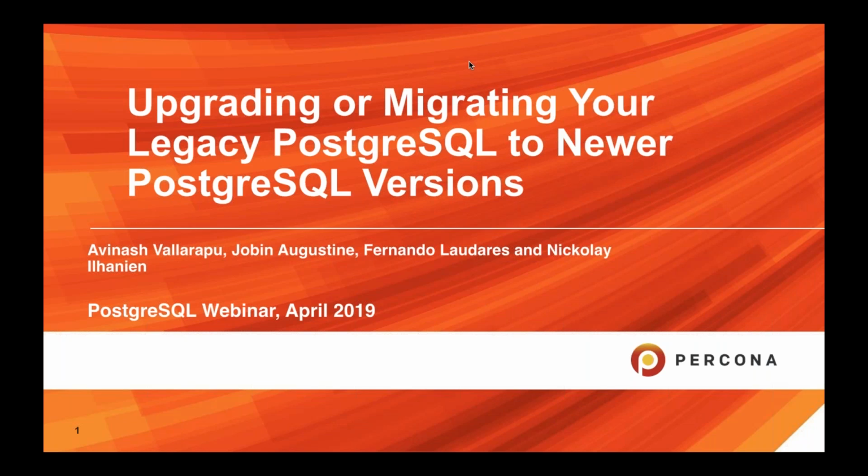Another key point is that the newer versions are supported by the community. When I say newer versions, currently the PostgreSQL versions starting from 9.4 or higher are supported for any security fixes or bug fixes.